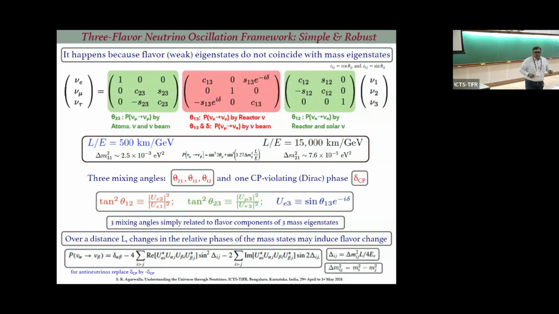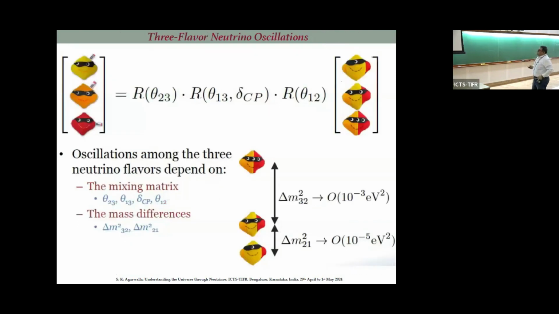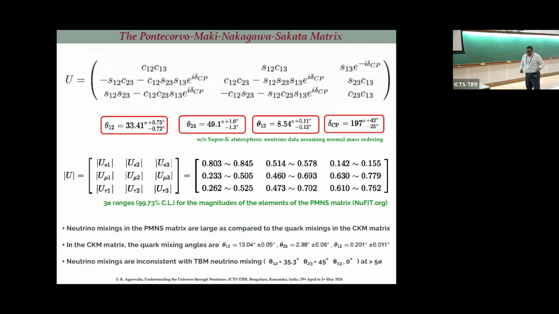So think about this. Okay, so to wrap up the three-flavor framework, we have these 6 independent parameters: 3 mixing angles, 1 CP phase, 2 independent mass splittings. Now, let's stare a bit at this U_PMNS matrix. This is the unitary mixing matrix.